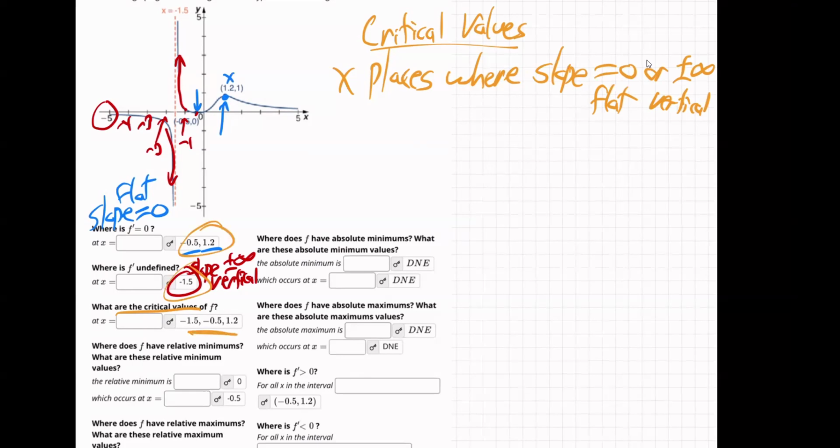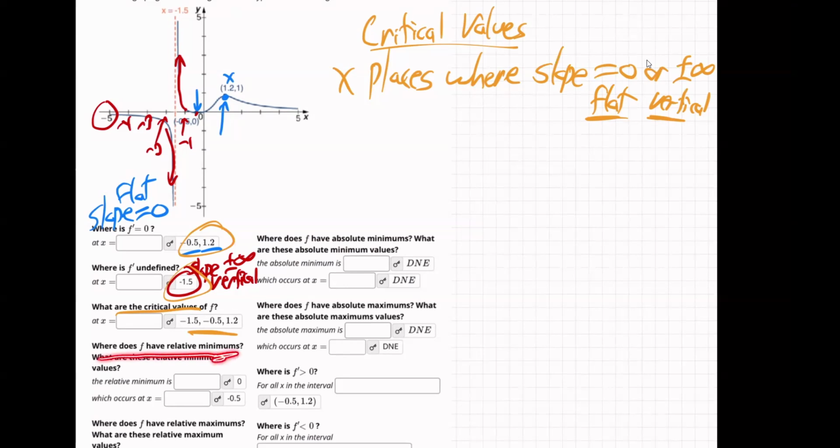There we go. Those are all critical. They're critical because the slope goes flat or goes vertical. We call those critical places. And there are places where it might be a maximum or a minimum or might not, but they're critical. They're important if this is a science function for physics, chemistry, medical science, business. Those are critical points.